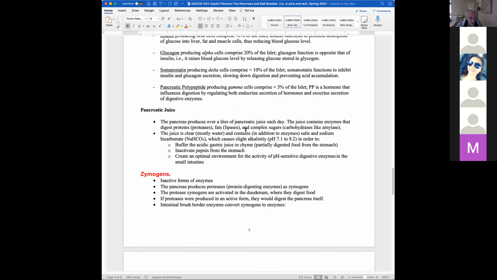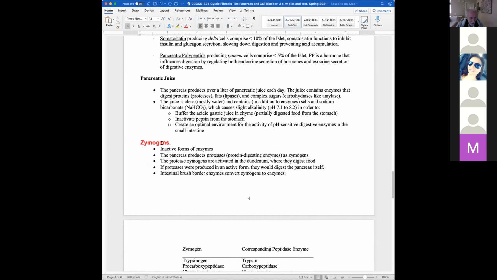The pancreas produces about a quart of pancreatic juice each day. And again, the main components are the enzymes that digest polymers in the food you eat. The juice is mostly water, and contains salts and sodium bicarbonate to maintain the pH. Now I've got zymogens here in red because it's important you know what zymogens are and why they're necessary.